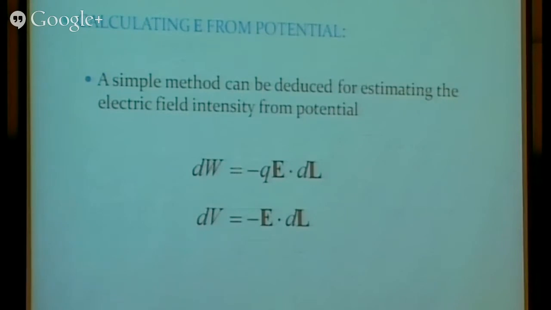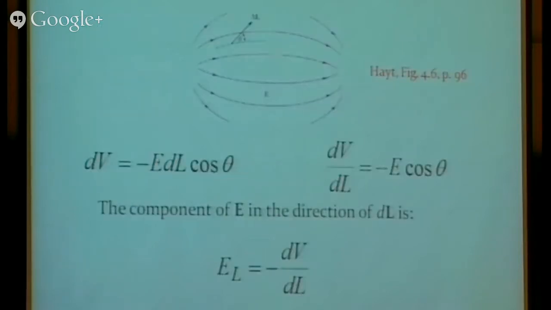As we said earlier, one of the particular usefulness of potential functions is that they enable easier estimation of fields, and we can very easily determine an equation that links potential and electric field, which is quite a simple one. For one-dimensional fields, we can write E_L as the negative derivative of V over L, where L is the displacement.